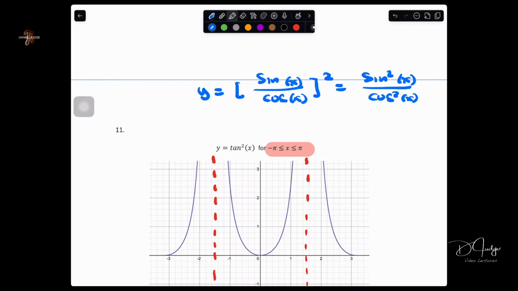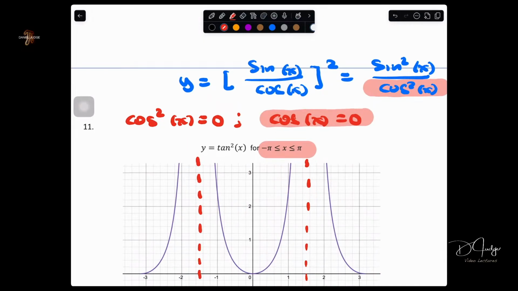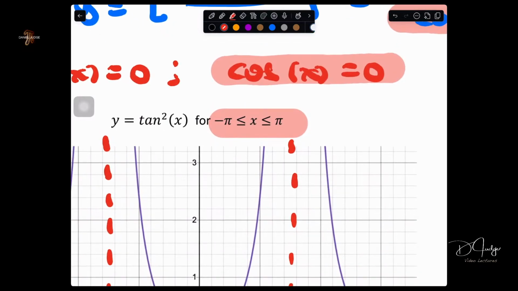And where is cosine squared equal to 0? We can set that equal to 0. Cosine squared equals 0. Well, that means cosine is 0. So we have a trig equation. We've got to find where cosine is actually 0, and we have to consider that over the restricted domain from negative pi to pi.